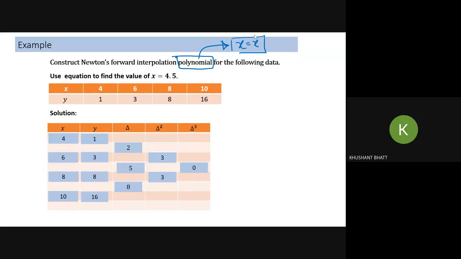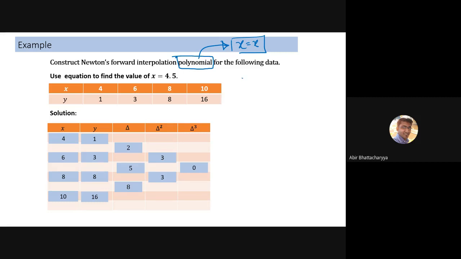Yes, Kusan. Sir, can you explain x is equal to x? You said it at the start. Yeah, we have to start with x equals x in this question because we have to find a polynomial. You know what a polynomial is? A polynomial is a specific algebraic structure of a function.